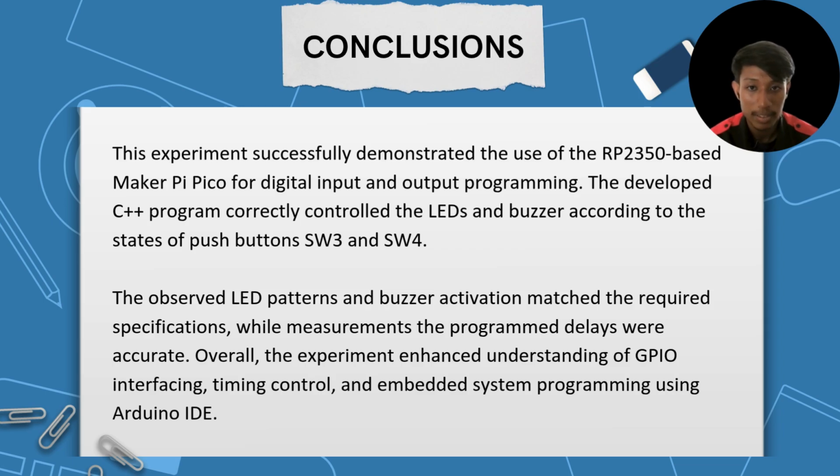The observed LED pattern and buzzer activation match the required specification, while the measured program delays were accurate. Overall, the experiment enhanced understanding of GPIO, interfacing, timing control, and embedded system programming using Arduino IDE.